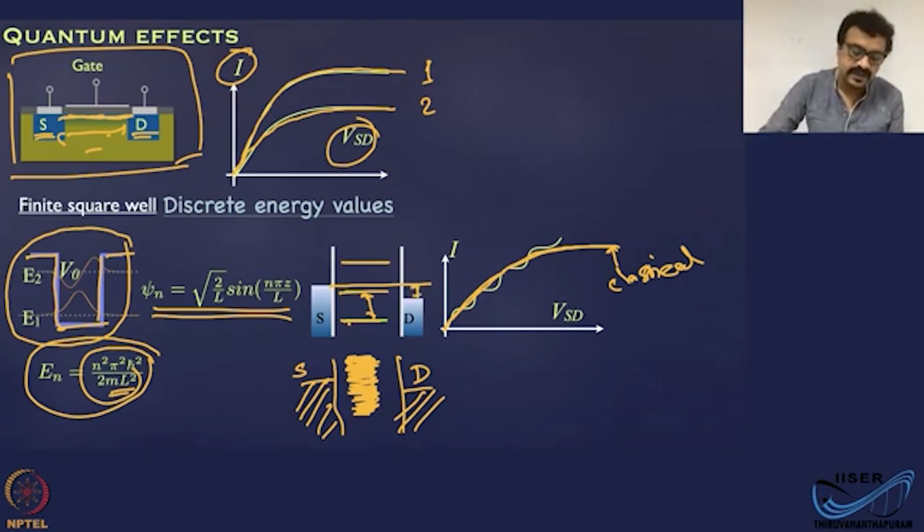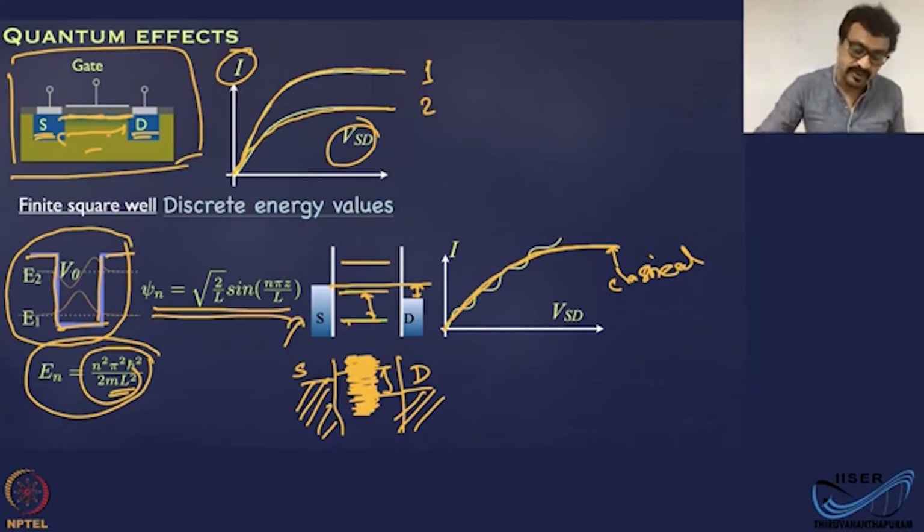Now, when you increase the window, in this case, you are continually increasing the number of states available for transport. But in this case, you are increasing the states one by one because your states are far separated and you will increase state in a discrete manner. What that means, the total current also can change in a discrete manner.